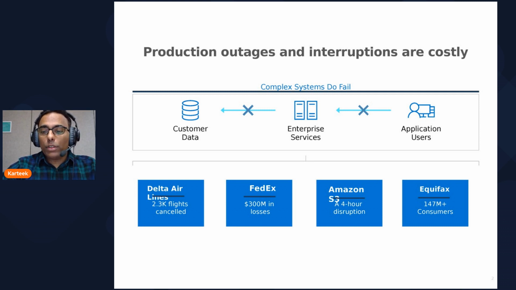Similarly, Equifax was hit by a DDoS attack where 147 million users were impacted, amounting to huge losses. So these are all real life examples that help us reiterate the fact that production outages and interruptions are costly and we need to act on it before we go to production.